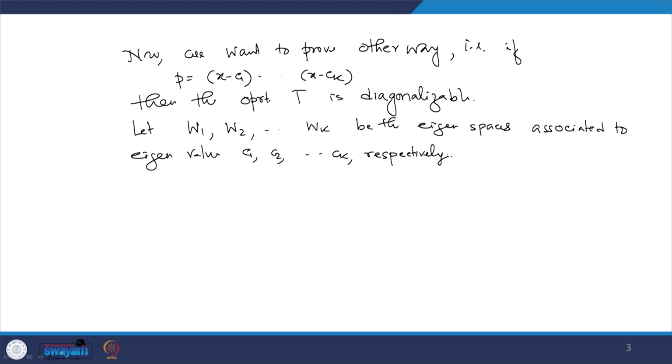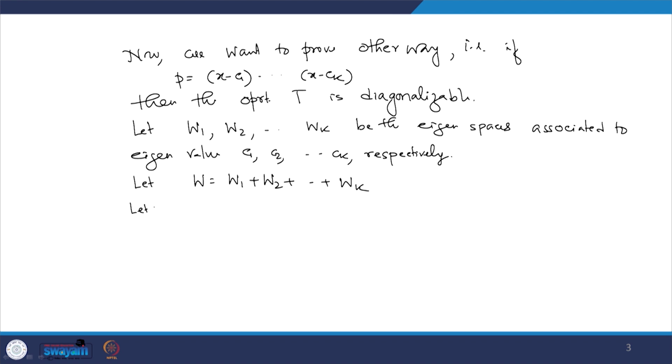I mean to say Wi is the eigenspace associated to eigenvalue Ci, i equal to 1 to k. Let W be equal to the sum of subspaces W1 plus W2 plus Wk.